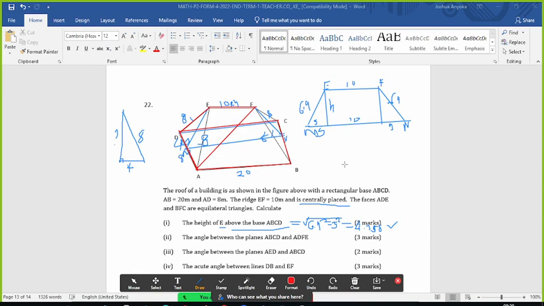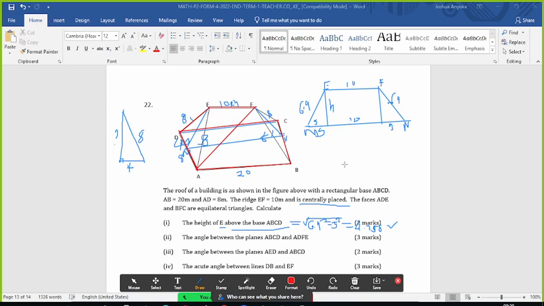Let's go with what is known. How to find the angle between two planes. One, identify the common line.